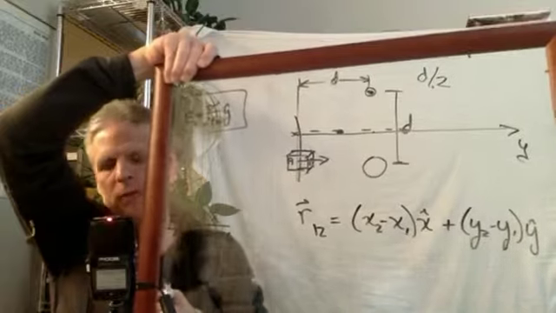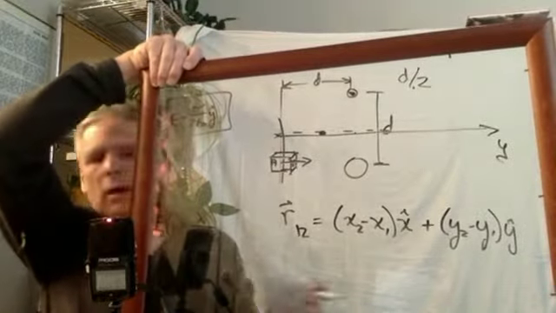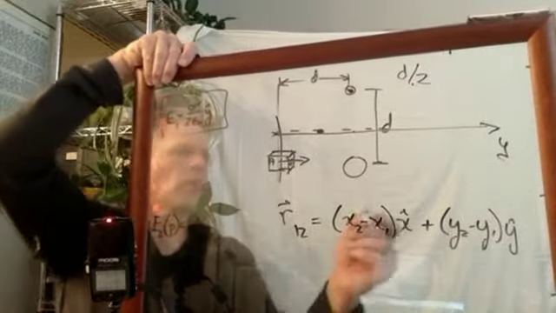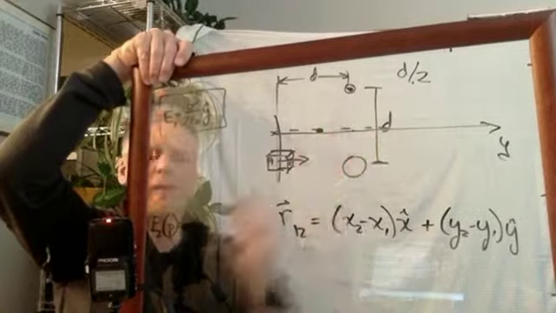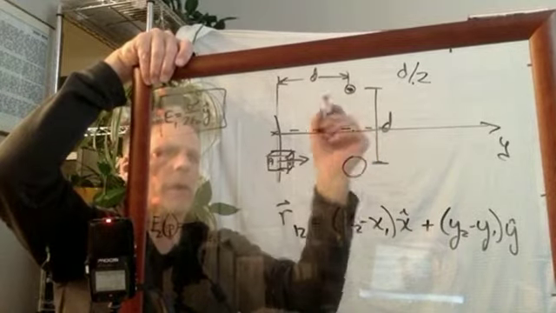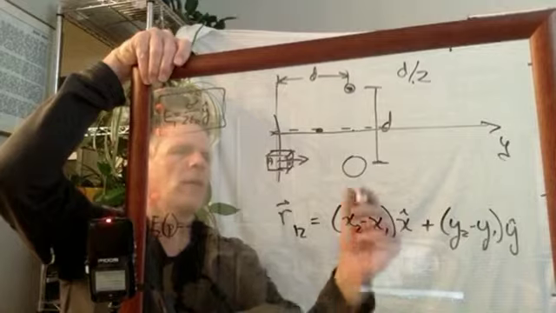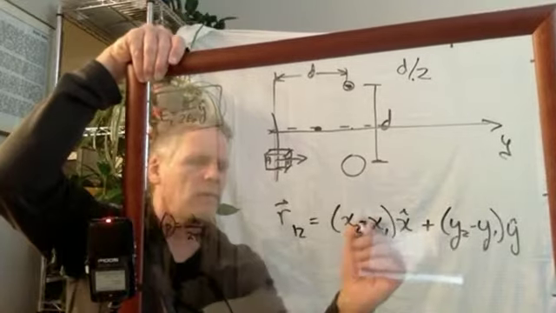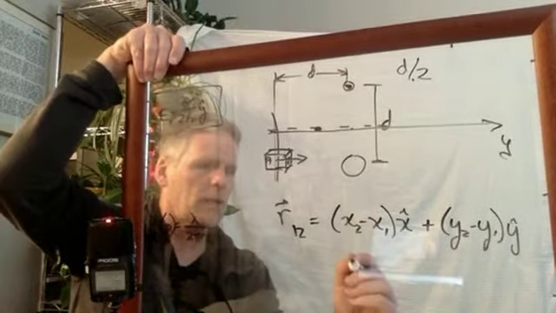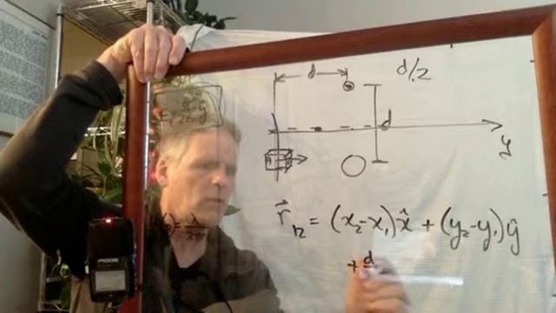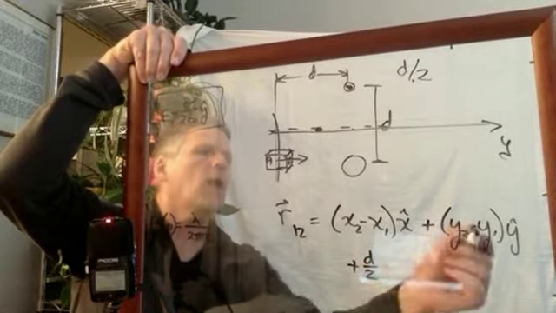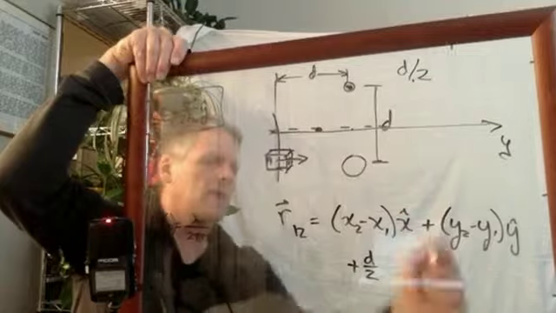I'll put that around where you can see it. Okay, so this is what we need to worry about. So what is that for our wire here? Our x1 is minus d over 2, so this is going to be a plus d over 2, and our y1 is d.